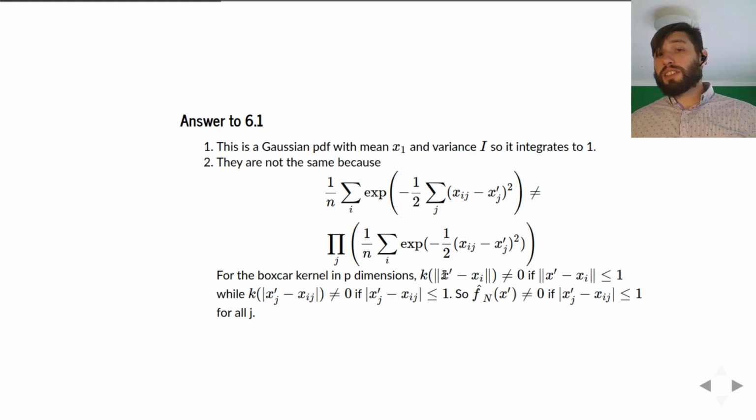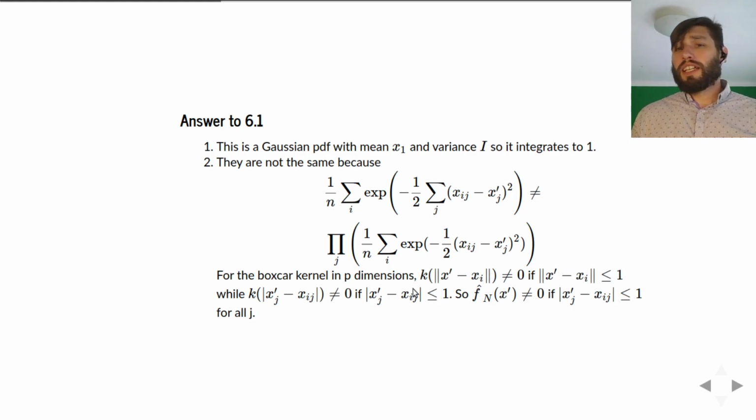And if we think about the boxcar kernel in p dimensions, the kernel between x prime and xi prime in the boxcar case is just 1 if this norm is less than or equal to 1, right? And in both of these cases, I'm using a bandwidth parameter of 1.